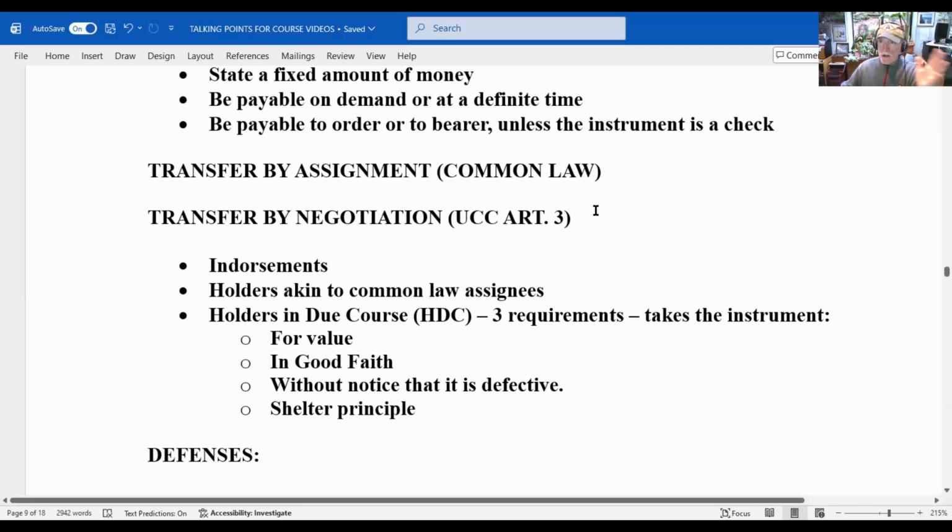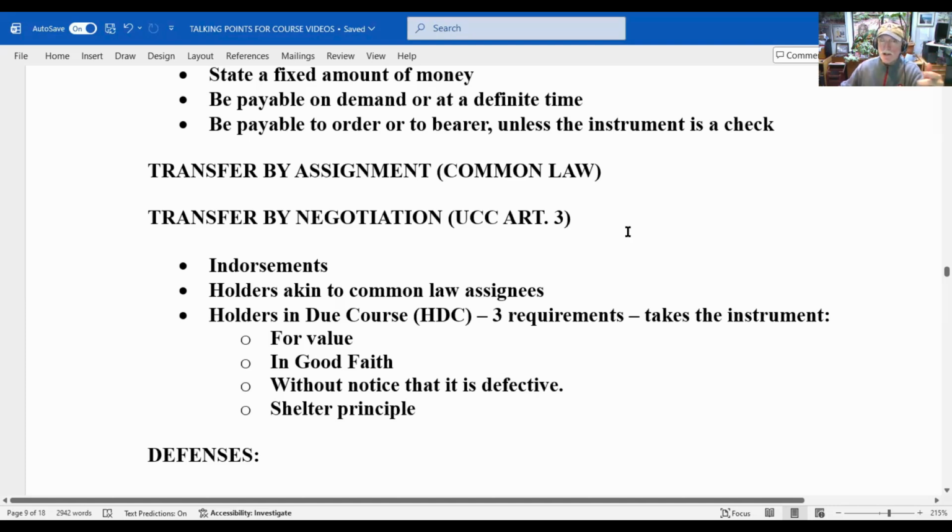In the world of negotiable instruments, assuming all these 6+ conditions are met, the right term is holder. So the holder can transfer by assignment, but again, the holder steps into the shoes of whoever assigned the right, and they're subject to all the defenses the borrower would have.